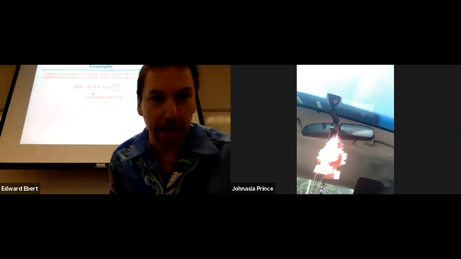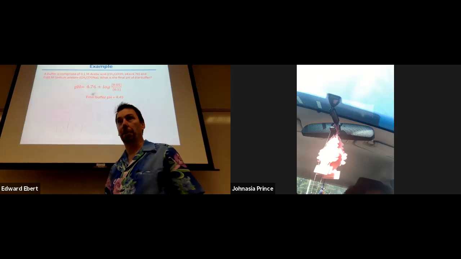In this case, we have this lovely little example of acetic acid. We have a buffer, and we're going to make it out of 0.1 molar acetic acid and 0.05 molar sodium acetate. My sodium acetate is essentially the salt of my conjugate base.